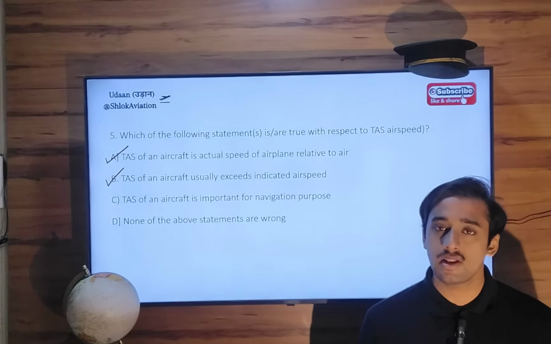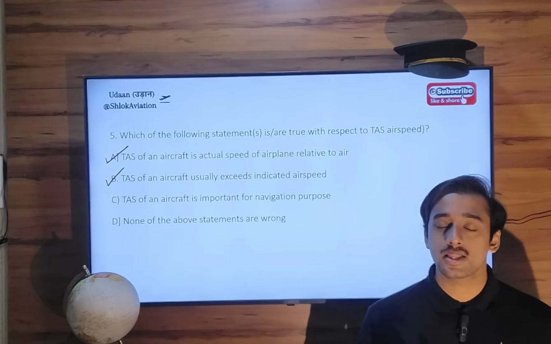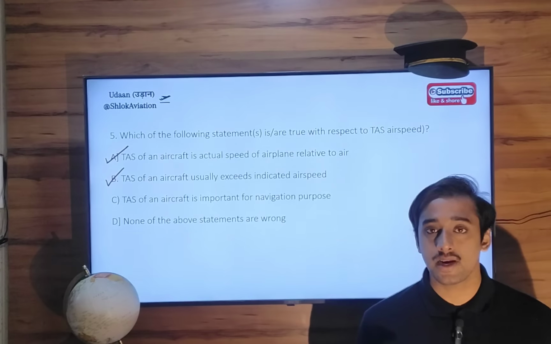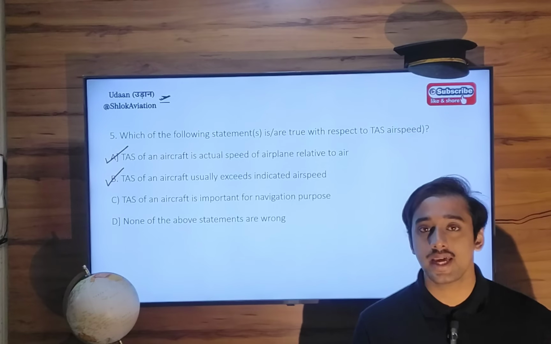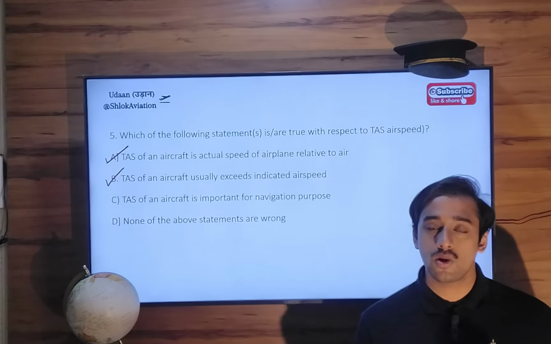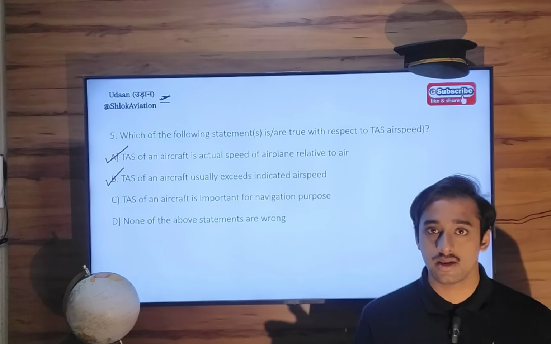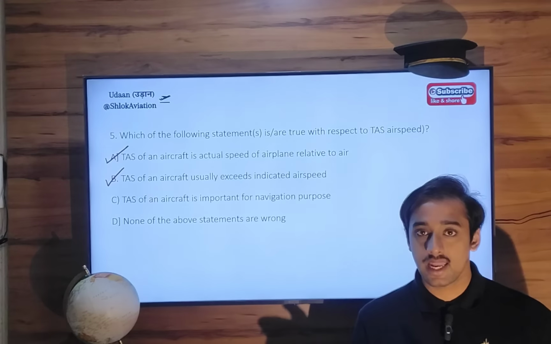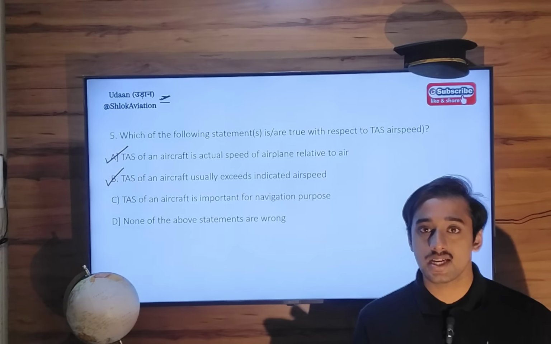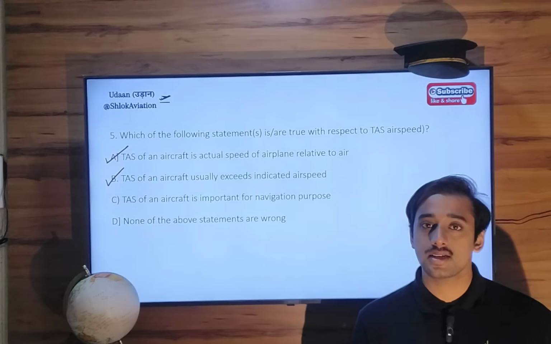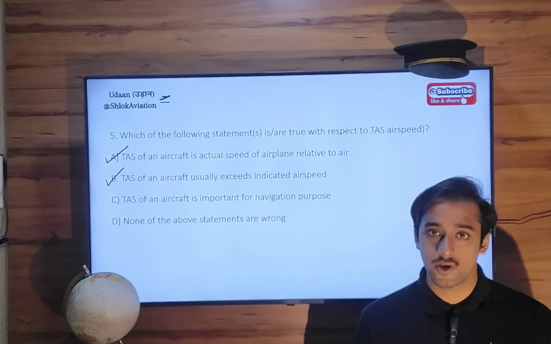It will be only your indicated airspeed, nothing but the dynamic pressure felt at the pitot tube converted into corresponding indicated airspeed. So what is true airspeed? In such cases, true airspeed will be derived from indicated airspeed, then calibrated airspeed, then equivalent airspeed, and after that you get the true airspeed of your aircraft.